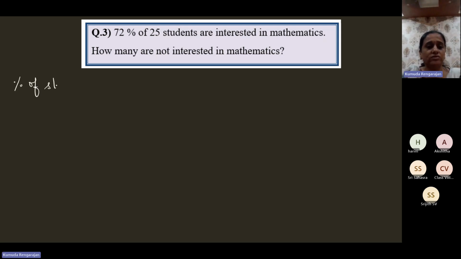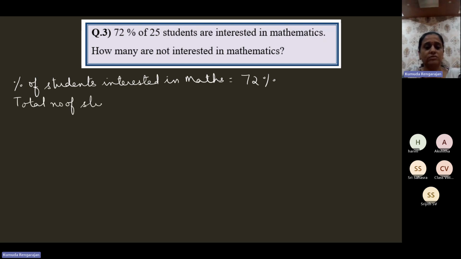Percentage of students interested in maths, 72%. Total number of students is equal to 25.